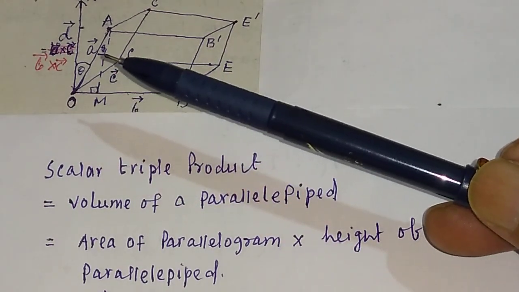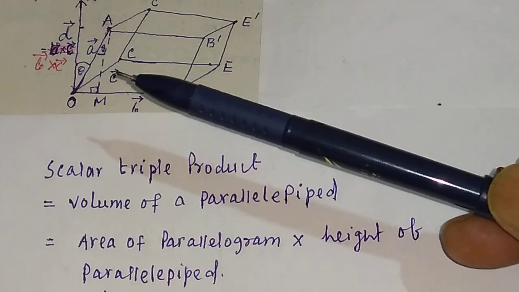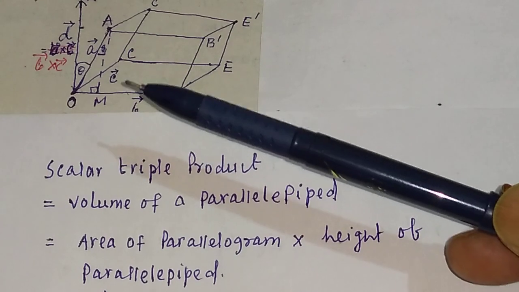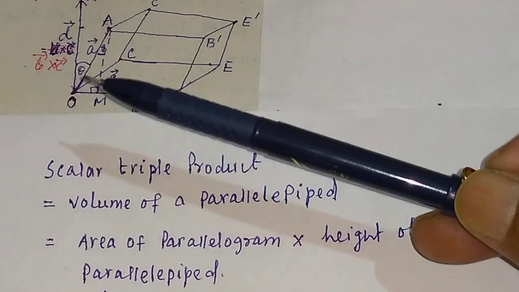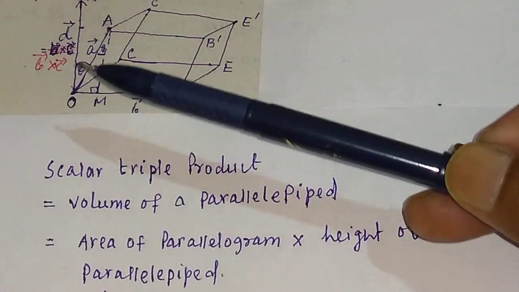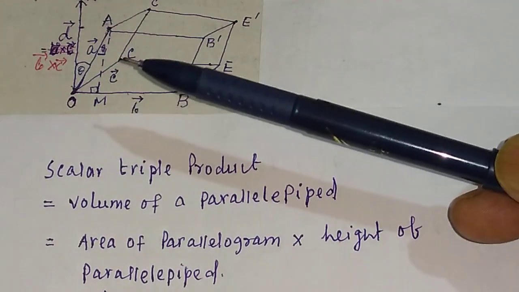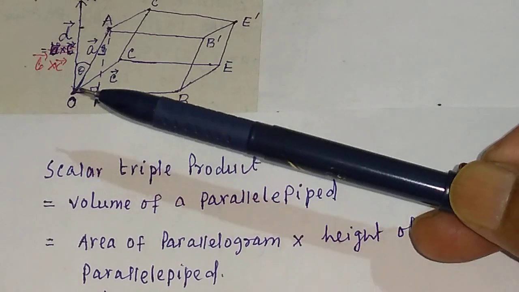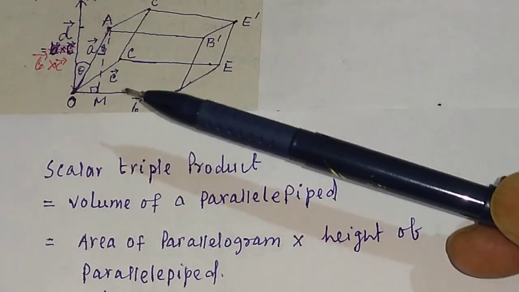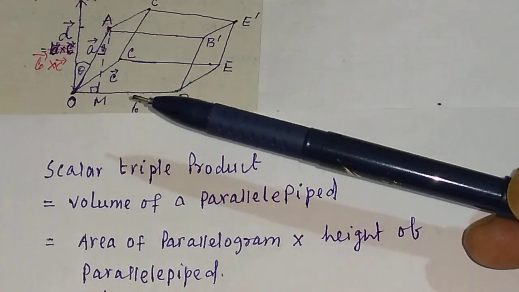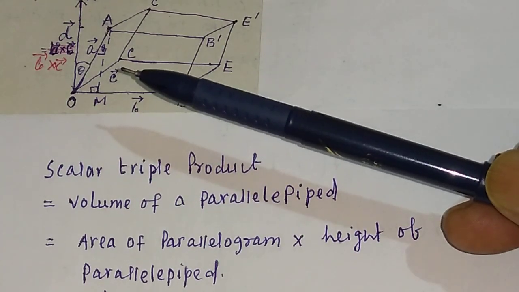If you take the cross product of B and C, that is B cross C, that will be this vector, D vector. Suppose it is equal to the D vector. And as you know, the cross product of any two vectors is perpendicular to the plane containing the two vectors. So this D vector is perpendicular to the plane containing B vector and C vector.